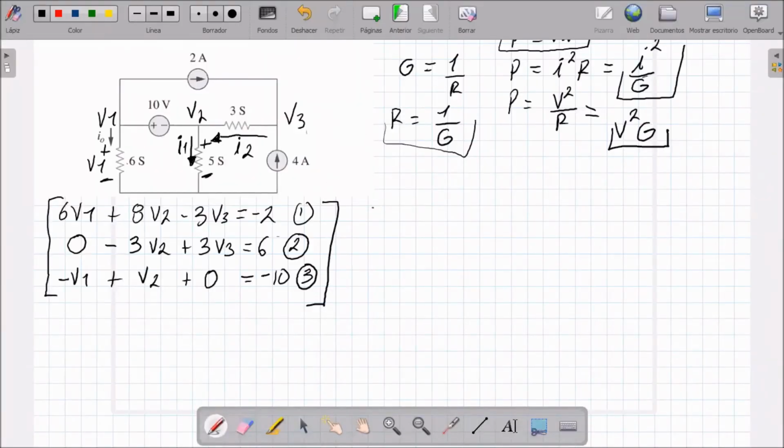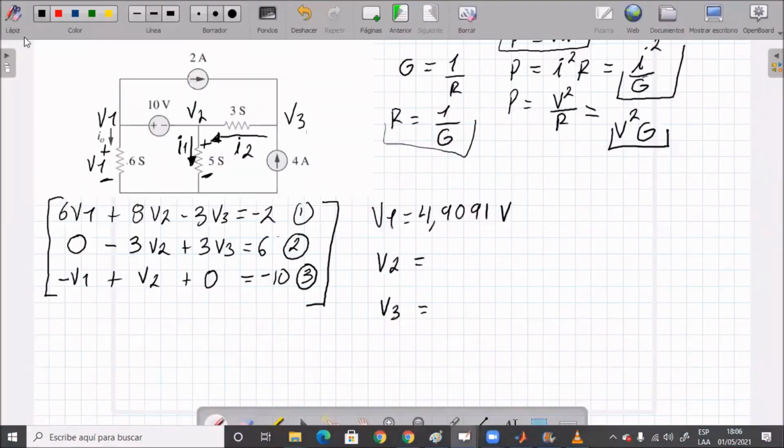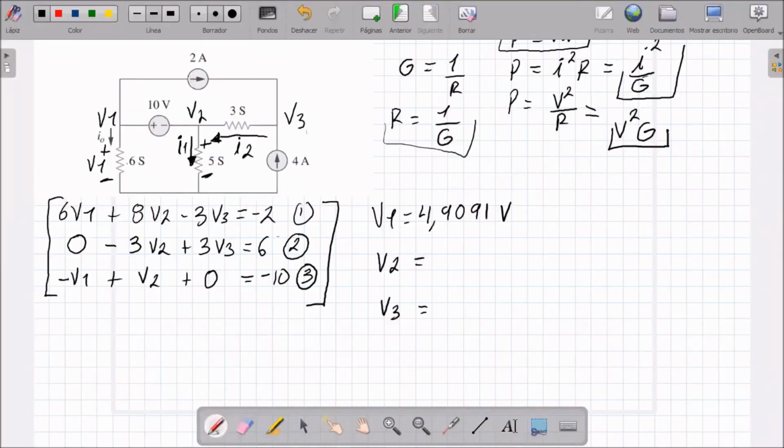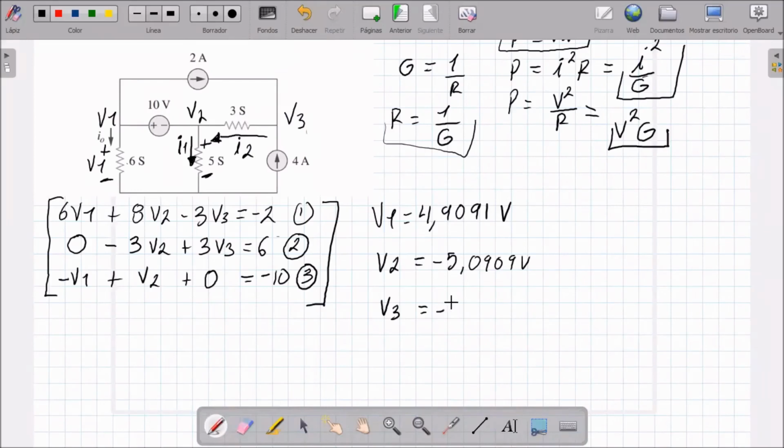4.9091. The voltage V2 is minus 5.0909. It could show fewer significant figures, but well, and the last one, V3, would be minus 3.0909.